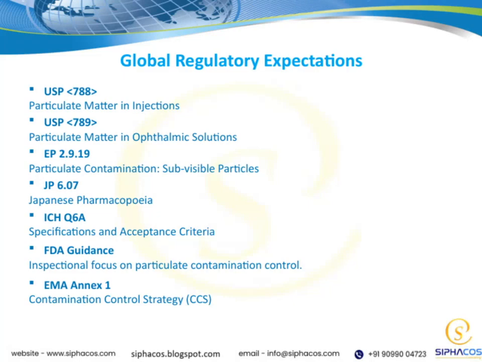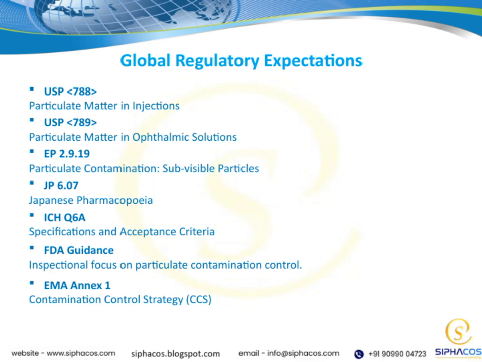When we talk about global regulatory expectations, we're looking at a complex landscape of standards and guidelines. USP Chapters 788 and 789 focus on particulate matter in injections and ophthalmic solutions, respectively. The European Pharmacopoeia addresses subvisible particles with EP 2.9.19. Japan has its own standards in JP 6.07.